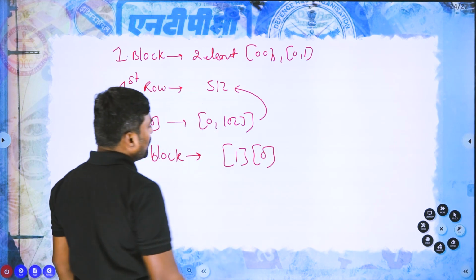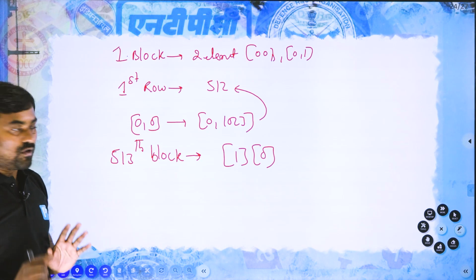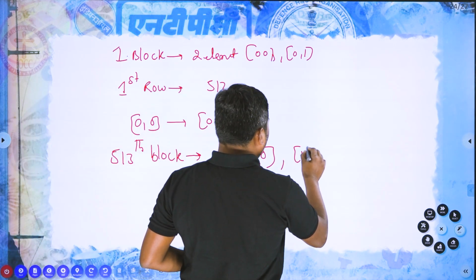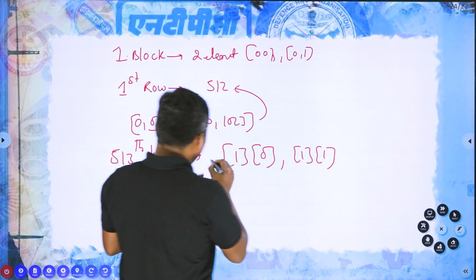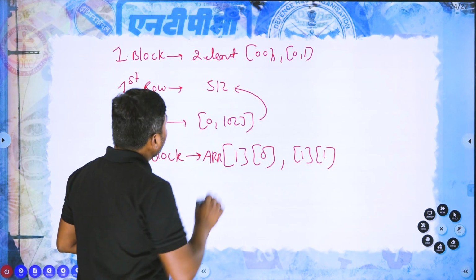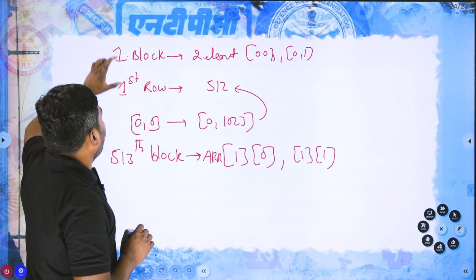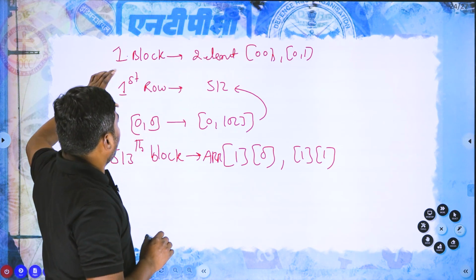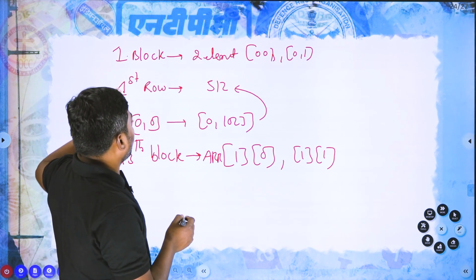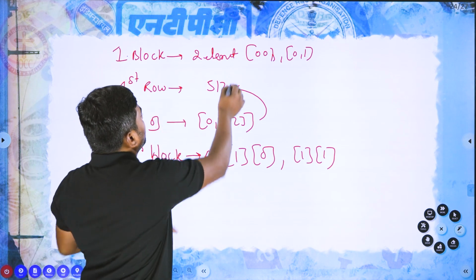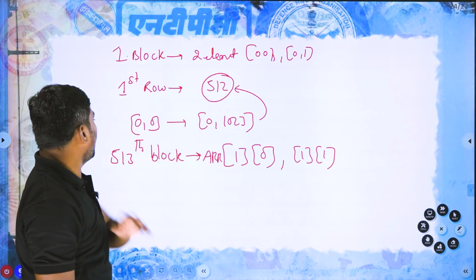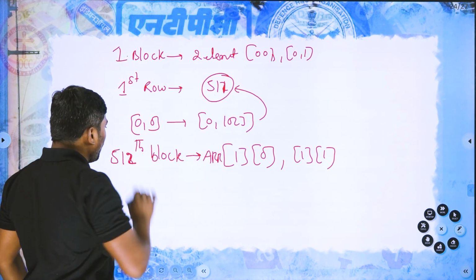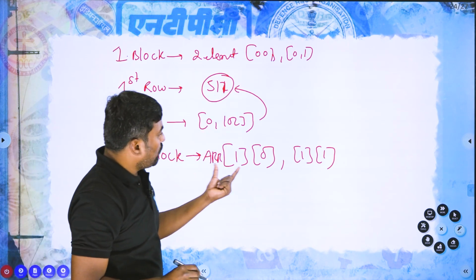This is the index of 1 of 0 only. 513th block, do you agree, all of you? 513th block has ARR of 1 of 0 and ARR of 1 of 1. I hope you are getting my point. So the first row of the array, entire 1024 elements, requires only 512 blocks, 0 to 511. This is 512 start. The 512th block has ARR of 1 of 1.